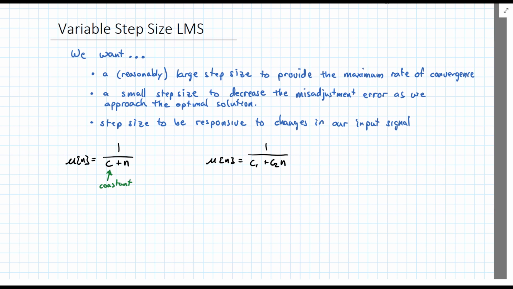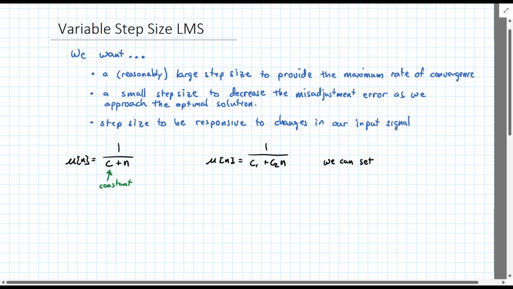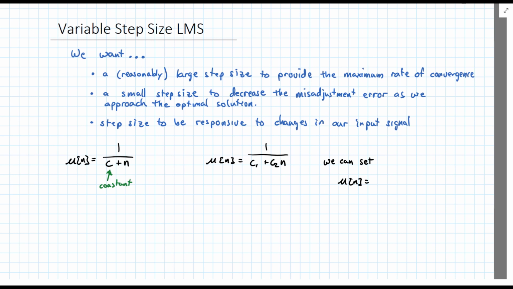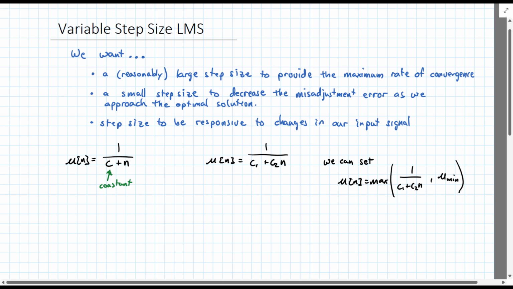Note that we may not actually want mu to go all the way to 0, in which case we can set mu of n equal to the max of one of these functions and a lower limit. We'll just call it mu min. That makes it so that we keep adapting, but perhaps at some minimal rate after we've originally gotten there.